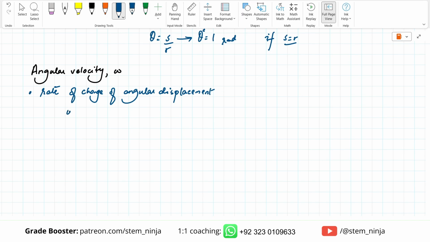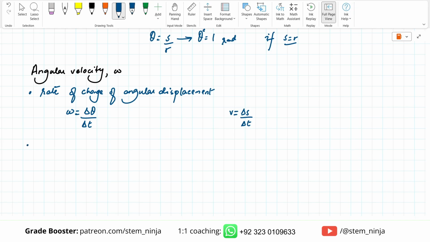So our omega is basically the delta theta over delta time. This is in stark contrast with velocity, which is change in displacement over change in time. So this is the circular analog of the same thing.